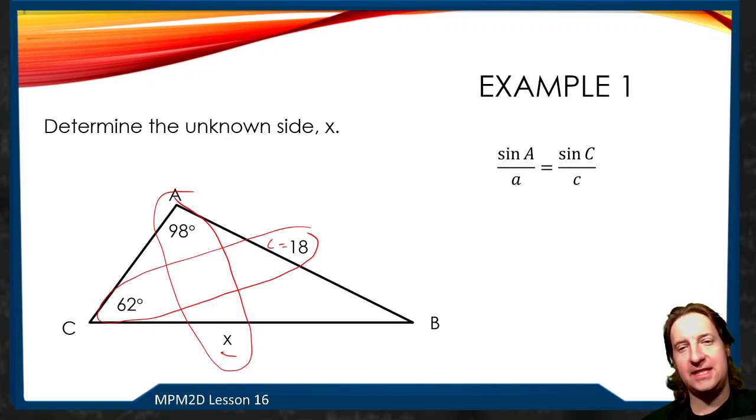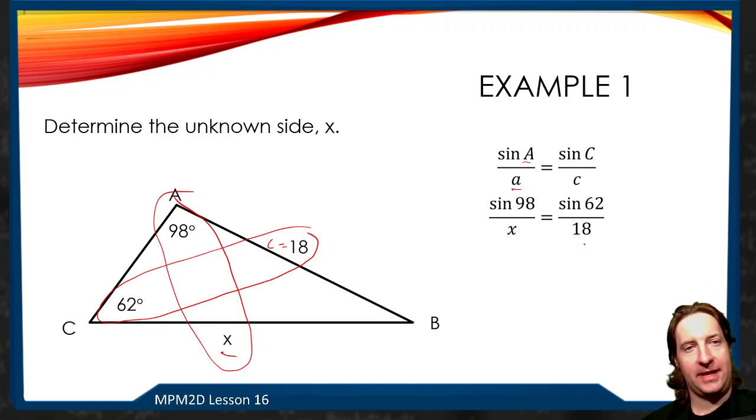I could have labeled these D, E, F, X, Y, Z. It doesn't matter as long as in our equation we put the same pair. Okay, so sine of A is 98, X is a, and then our other pair is sine of 62 divided by 18. And here you can see I have a nice little proportionality, and I can solve this quite simply by cross multiplying.